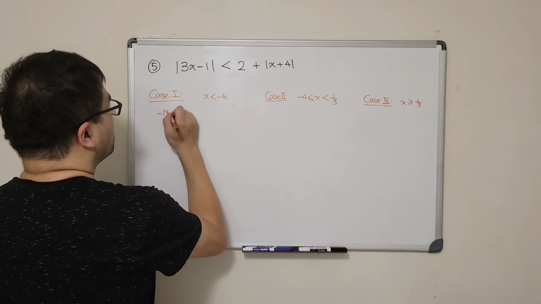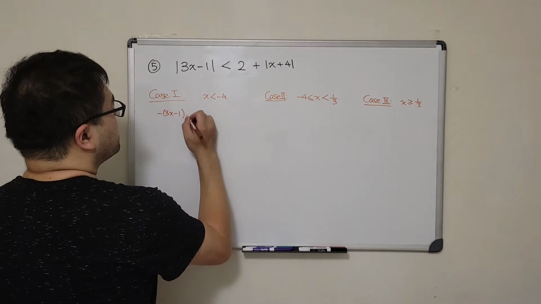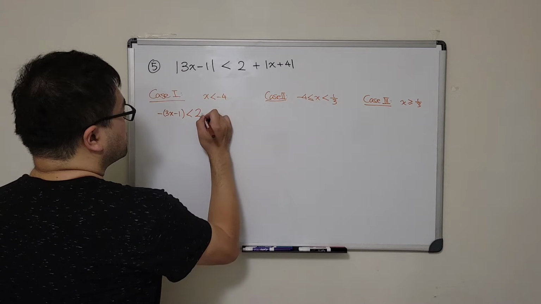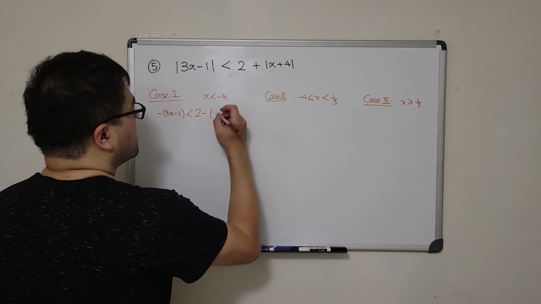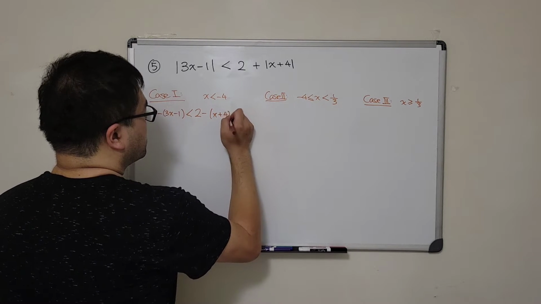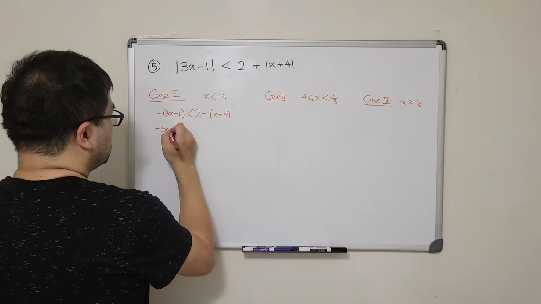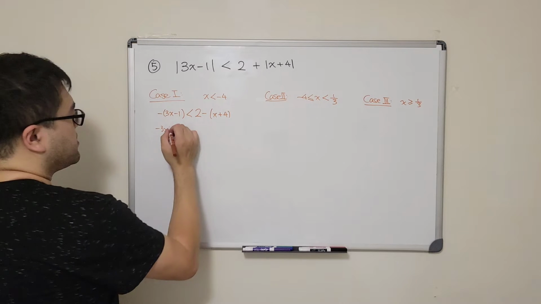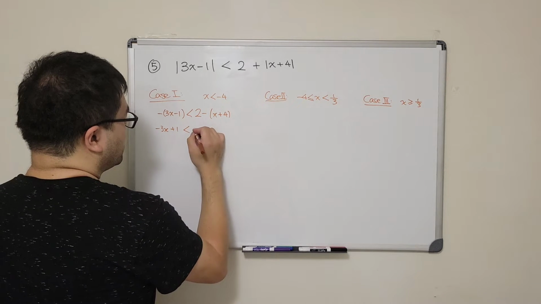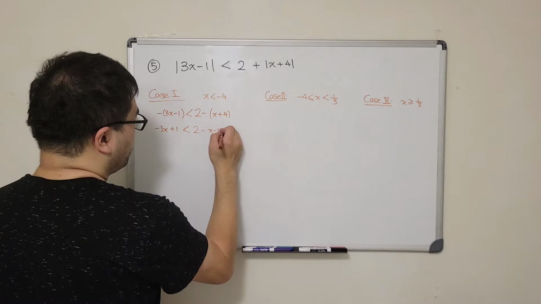So we have negative 3x minus 1 is less than 2 minus x plus 4. So if we simplify, we get negative 3x plus 1 is less than 2 minus x minus 4.